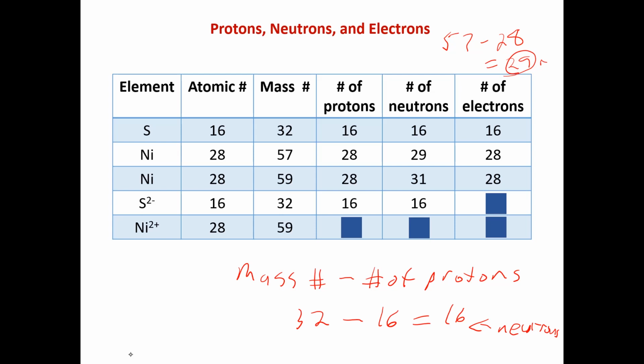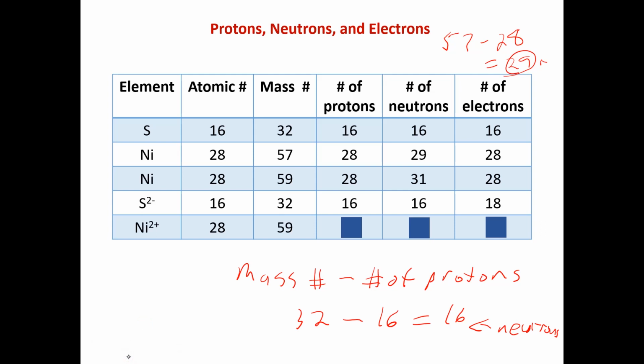So remember that electrons are our negative particles. If we have a 2 negative charge, that means we have to have 2 more negative particles than we do positive particles. So if we have 16 protons, that means that we have 18 electrons.